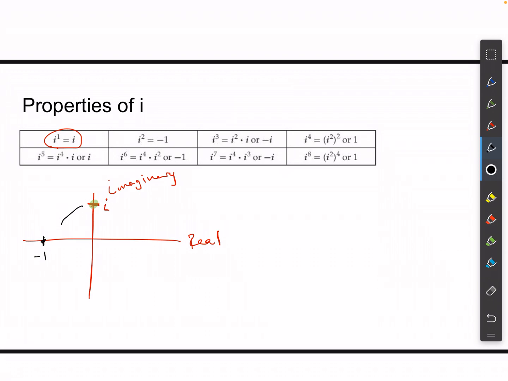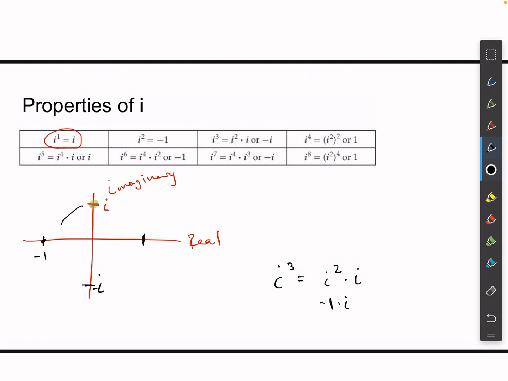Then i to the third would be, if that's i up here, -i. That's the same thing as i to the third, which is equal to i squared, which we know is -1, times i. So -1 times i is -i. Then we keep going.